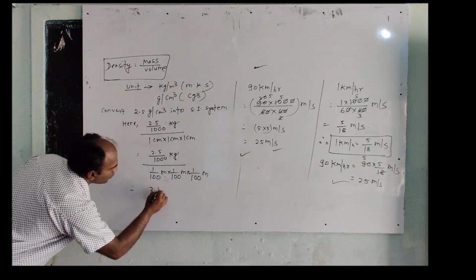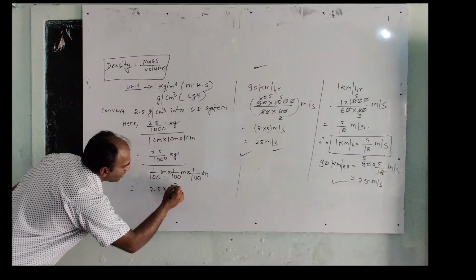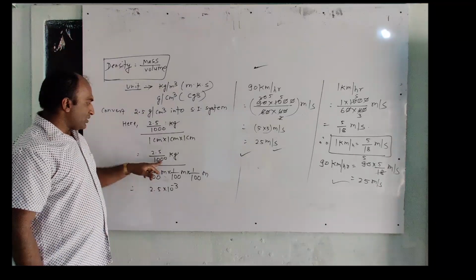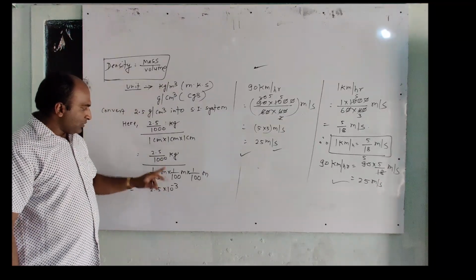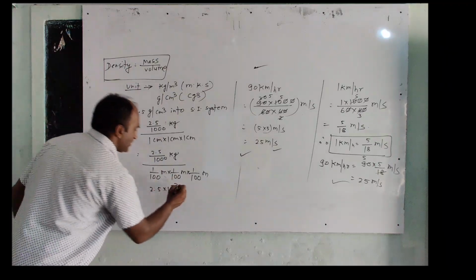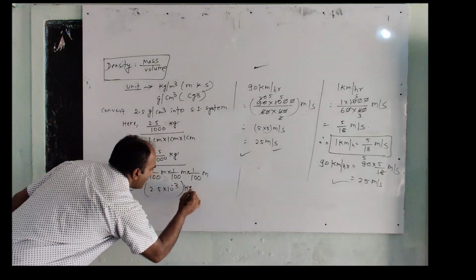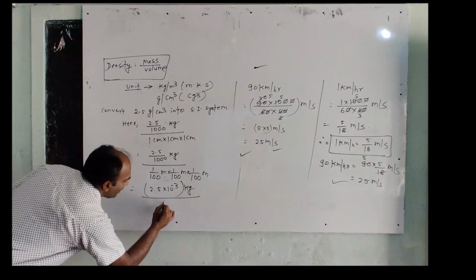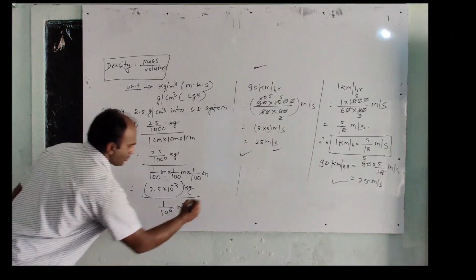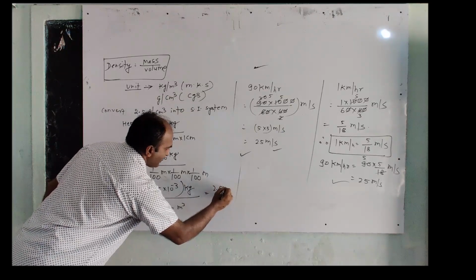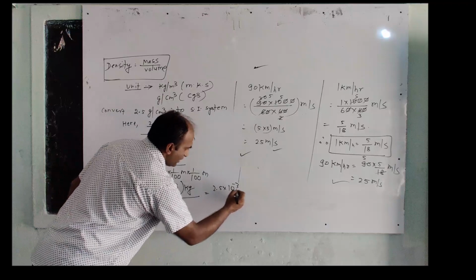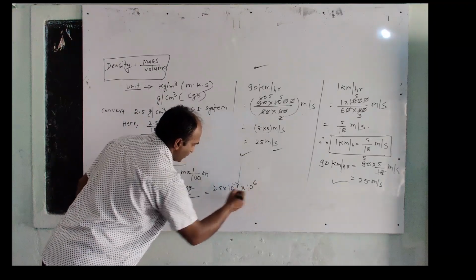This is equal to 2.5 into 10 power minus 3, since 1000 divided gives 10 to the power minus 3. This is in kilogram, divided by 1 by 10 power 6, which is in cubic meters. So 2.5 into 10 power minus 3 into 10 power 6.